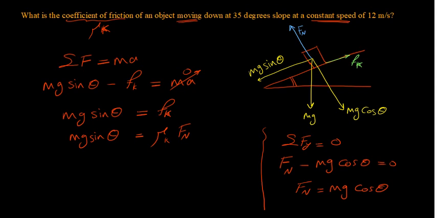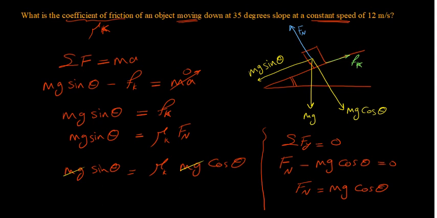So let's take this and put it into our equation. So mg sine theta will equal μk mg cosine theta. Once again, I have mass times the gravity acceleration, and I can eliminate them.